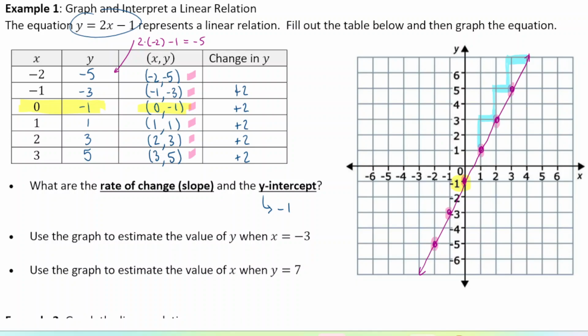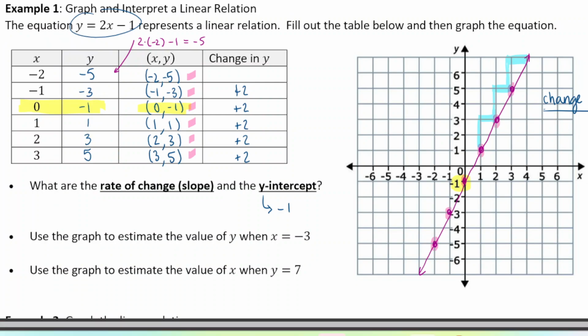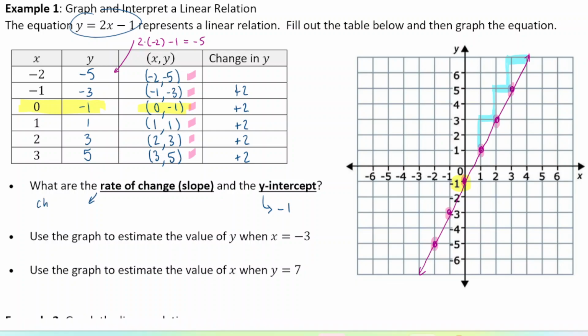So the slope is always the change in y over the change in x. I can notice here that I'm off the screen with that little explanation, so I'll write it over here. For this graph, we're going up by 2, over by 1.